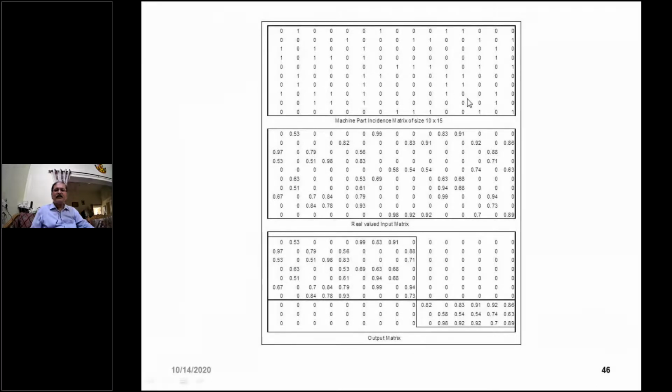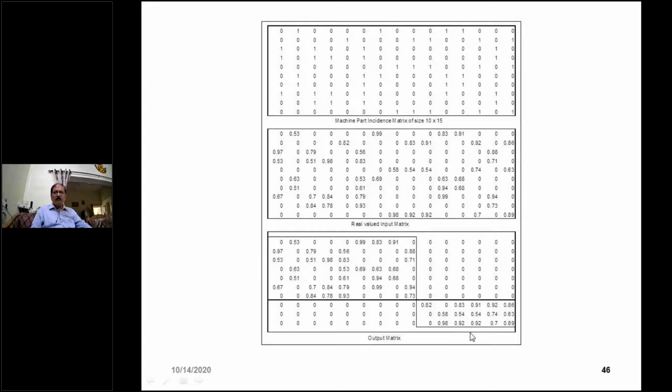So now, wherever one appears here, instead of the ones, we have given real value data. We assume that is the processing time. The processing time may be in hour, minute, or day. So our objective is that the workload on each machine cell should be uniform.